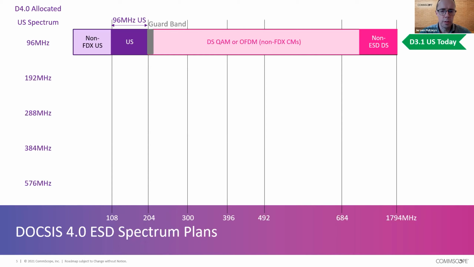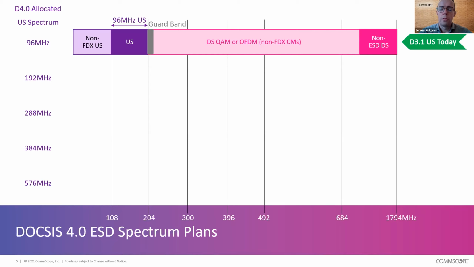Again, this is just an illustration, an example of how a potential spectrum migration plan can look going forward. As I mentioned on the previous chart, ESD extends the spectrum from 1.2 to 1.8 gigahertz. That's obviously quite a significant extension and change.